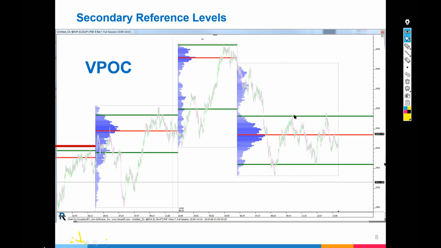So here, value has precipitously dropped below the value of this session. And the key question is, will it continue to drop lower, or is this where we're going to find support, and will value start to jump up above these value area highs? And only time will tell, but these become my reference points.